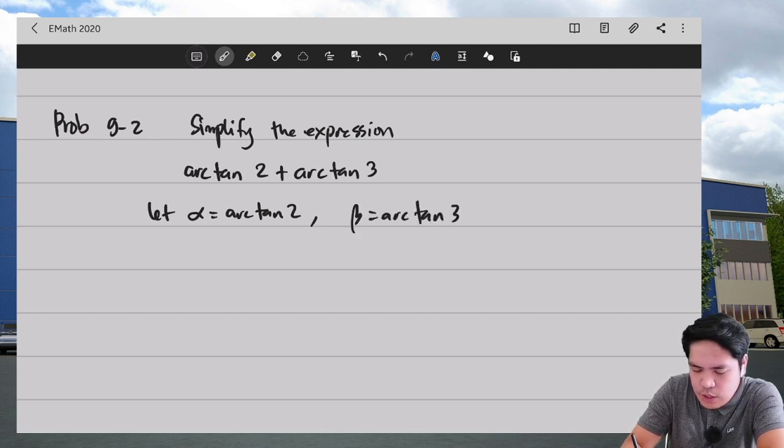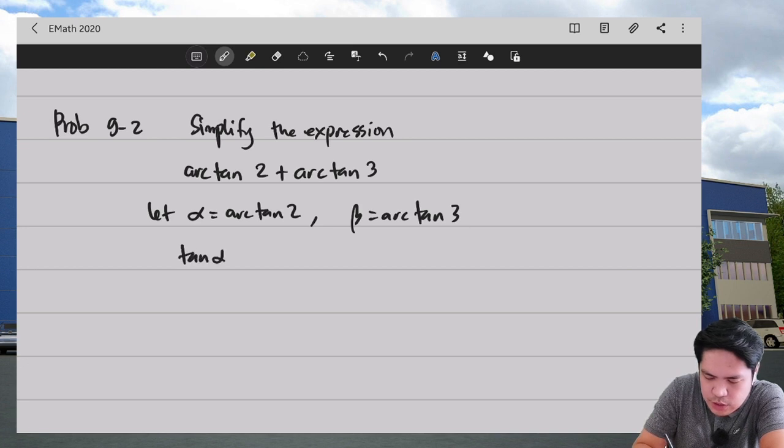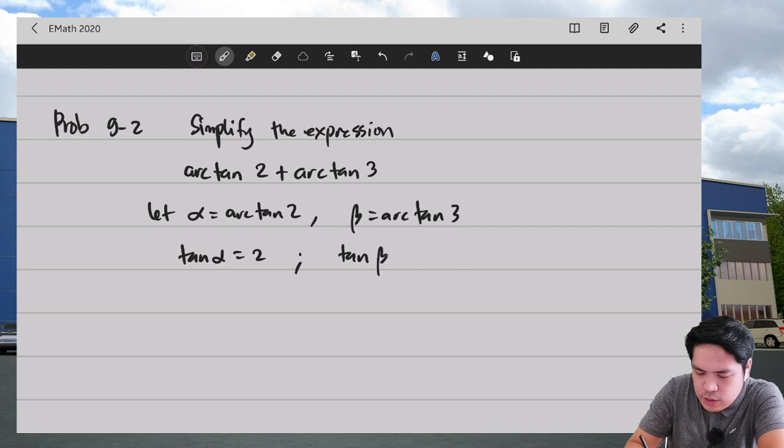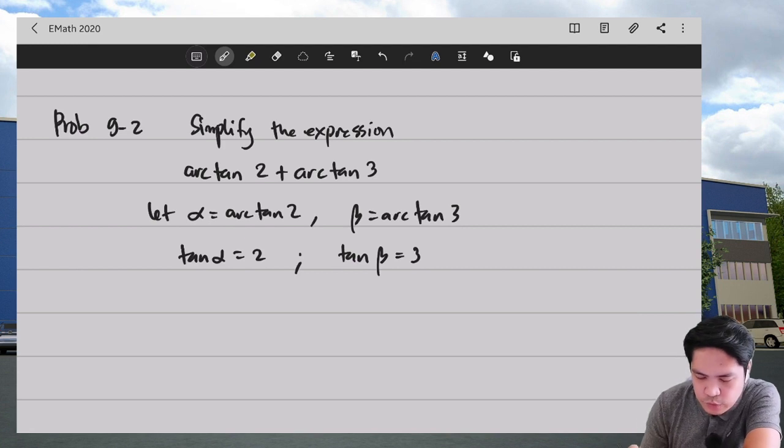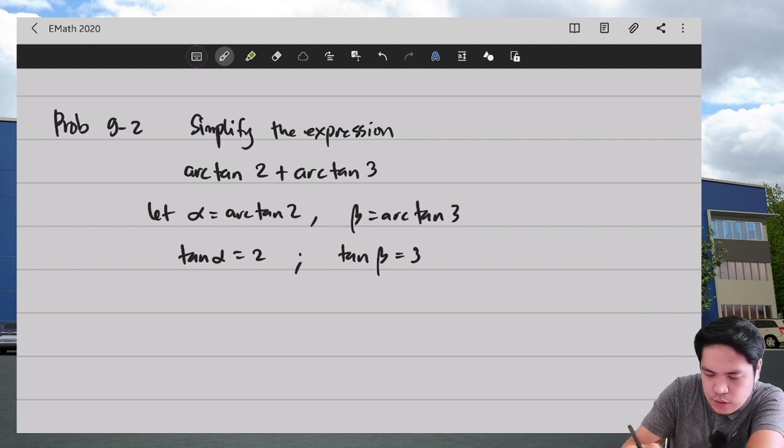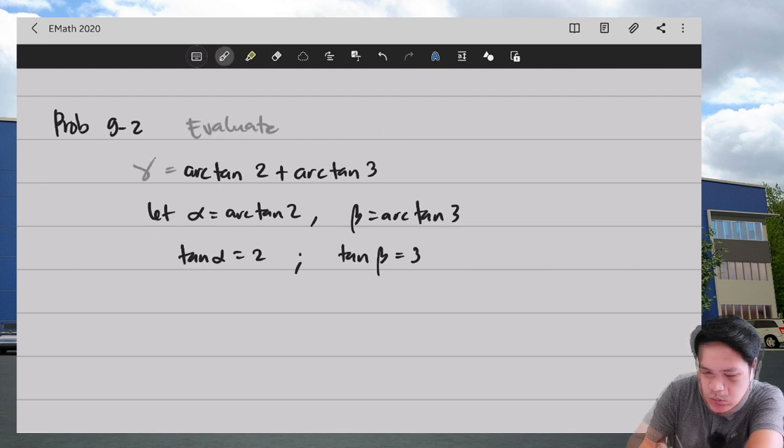So it follows that tangent alpha is equal to 2 and tangent beta is equal to 3. So, para madali, how about evaluate na lang.